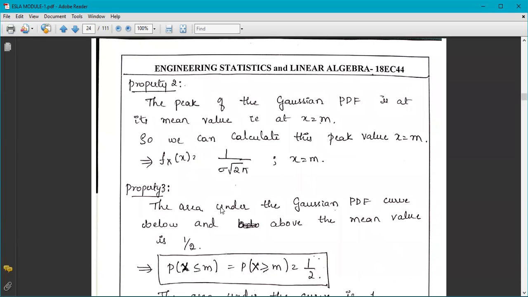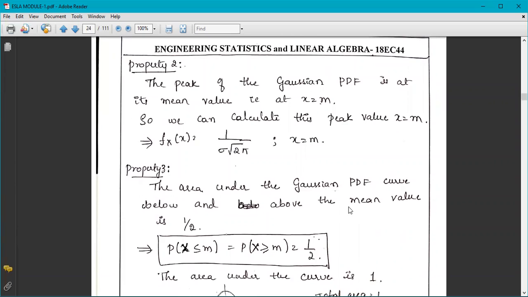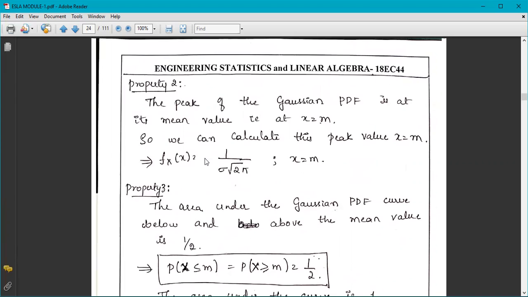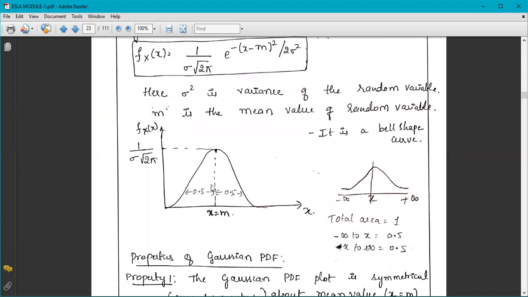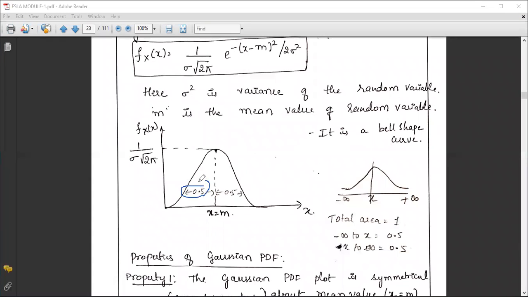Property 3. The area under the Gaussian PDF curve below and above the mean value is 1 by 2. Below the mean value, on the left, the area is 1 by 2, which is 0.5, and above the mean value it is 0.5.